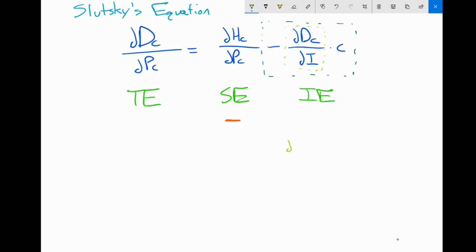So if this term is positive, if an increase in income leads to an increase in demand, that means it's a normal good.